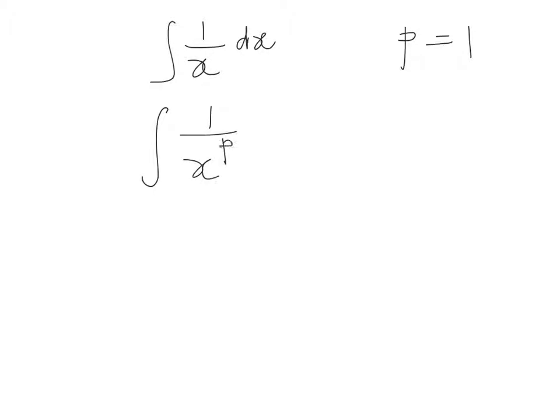Since two different formulas apply to the integration of 1 over x dx, which is the case p equal to 1, and to 1 over x to the p dx, where p is different from 1.